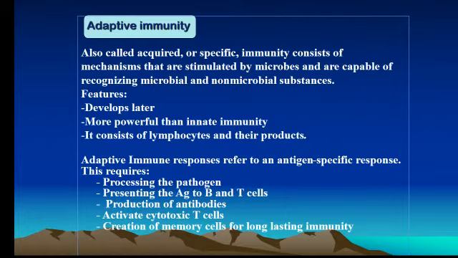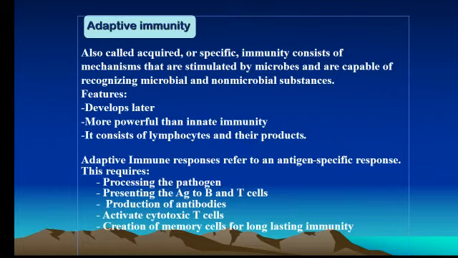Number five, creation of memory cells for long-lasting immunity. Number five is the most important thing, because memory cells remember the antigen and how to deal with it the next time it invades the body.